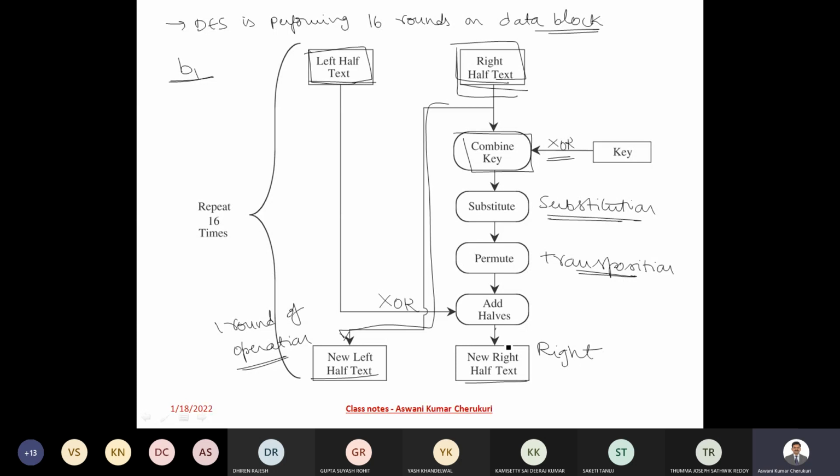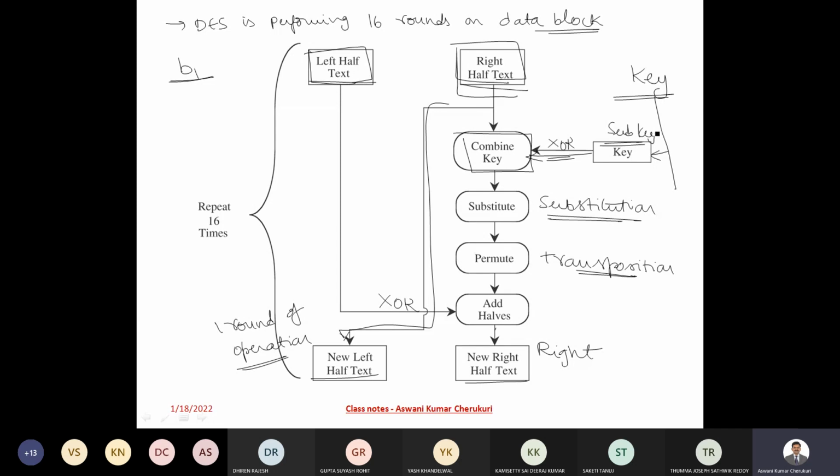Now the point is, you have given the key here for the first round. There is a key, and from that key you are going to give one key. This is actually called the sub key. I hope you remember a few minutes back I used the word sub key.